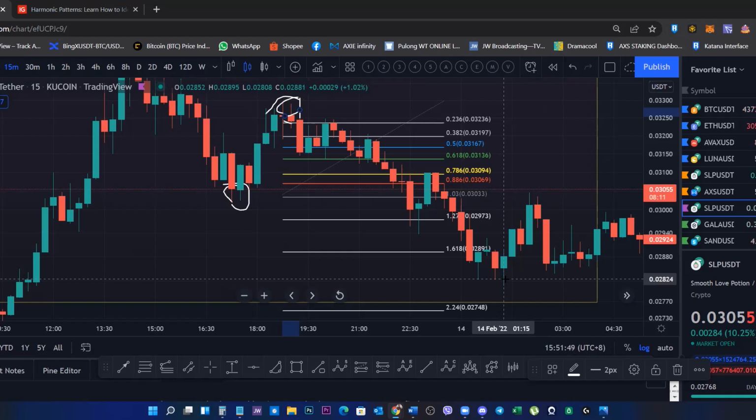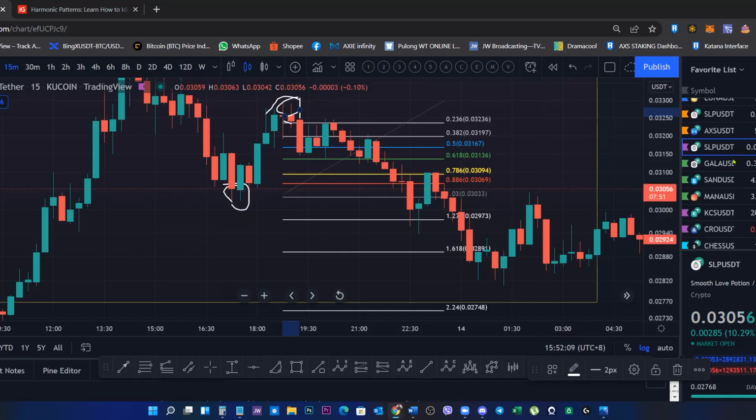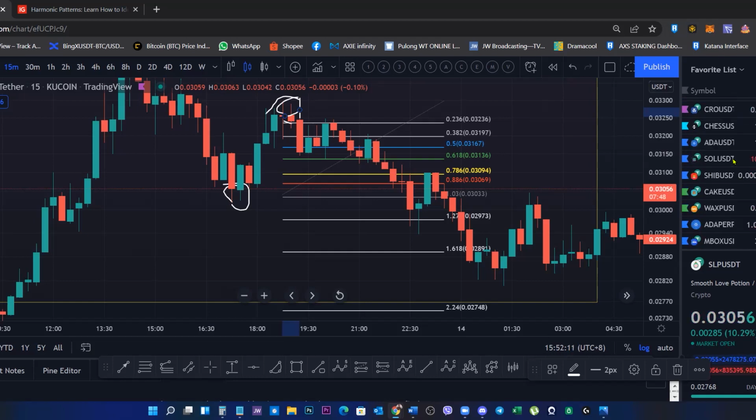So guys, naintindihan, I hope naintindihan nyo, ano? So kailangan lang makakita kayo ng pa-form na siya ng harmonic pattern. Meron kayong nakikitang valid na point X, point A, then point C, point D. So as I mentioned kanina, kailangan ma-determine nyo lang yung mga point kung valid o hindi.